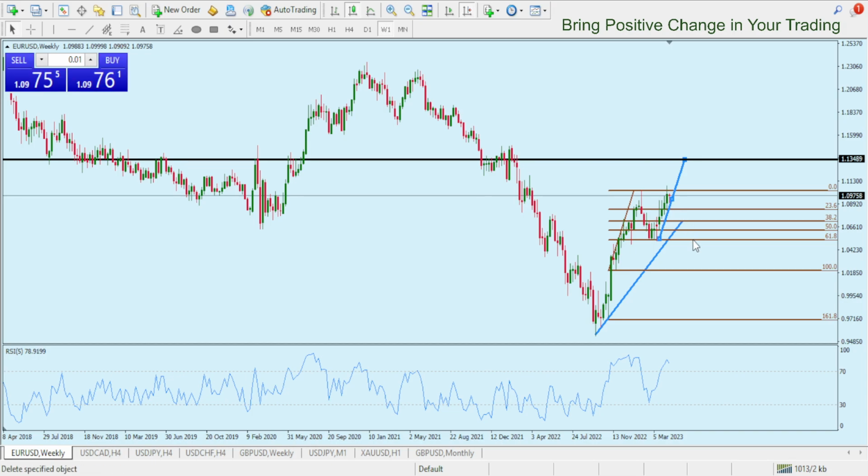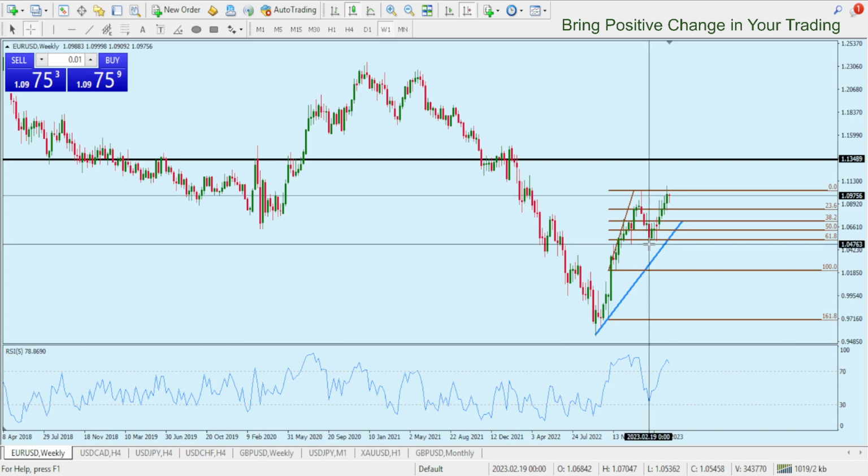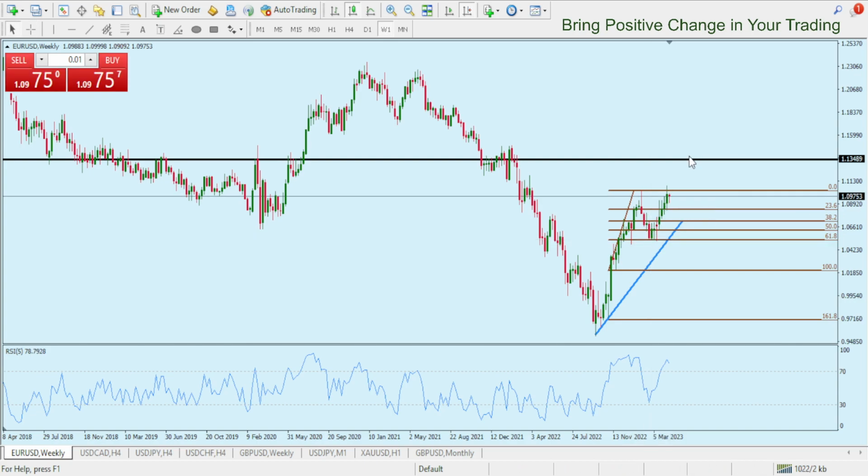But stay with me, this is not yet final. Obviously market structure will be showing me anything, but it doesn't mean it is valid unless I run my whole analysis on that particular pair.